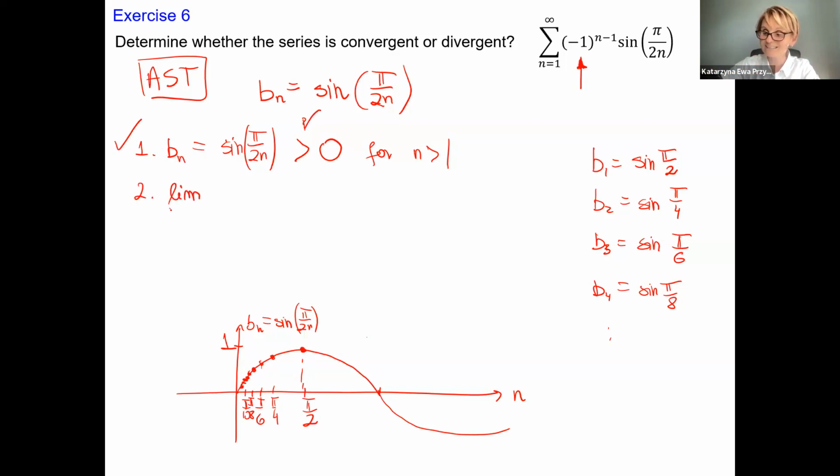What about the limit? How can we compute this limit? How does the expression sine of pi over 2n behave if n is infinity? Pi over a big number is 0. Sine of 0 is 0. All right, so we are satisfying this. What about decreasing?